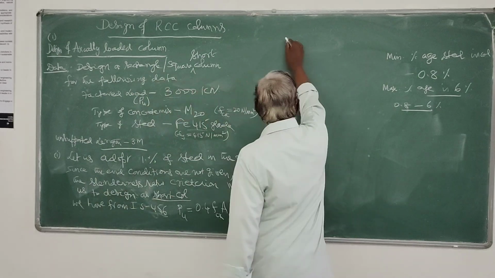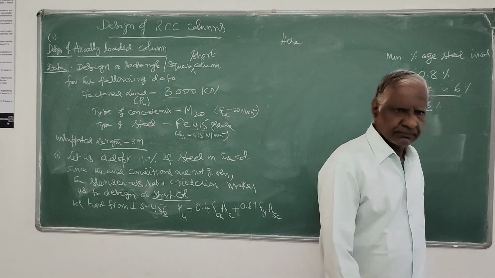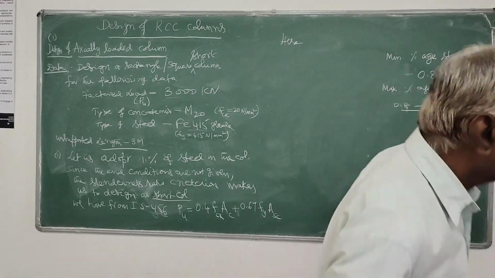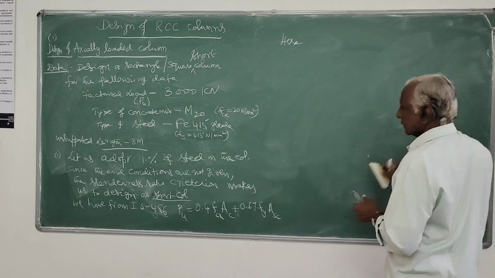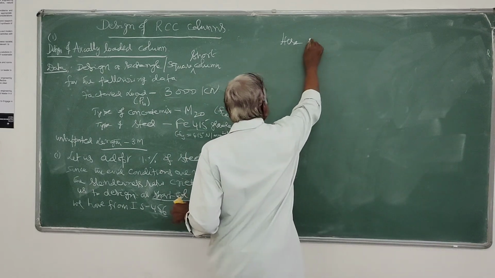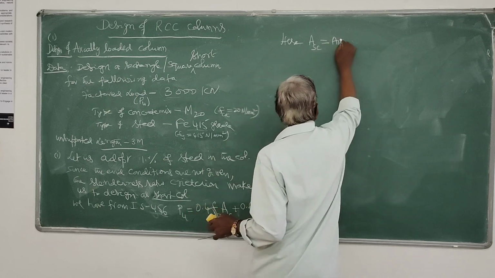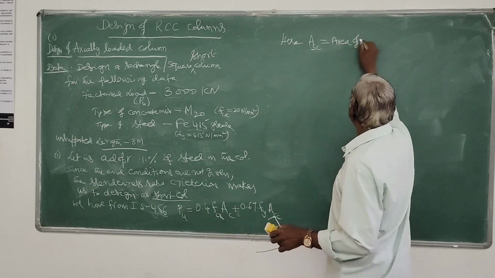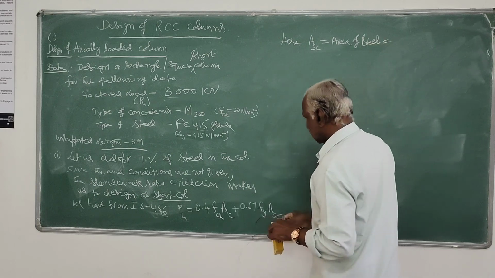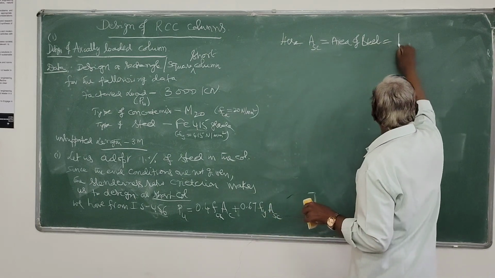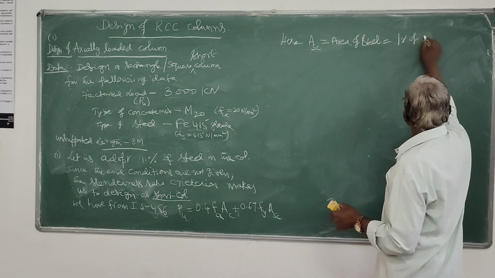Here Asc is the area of steel, which is 1% of the gross area.